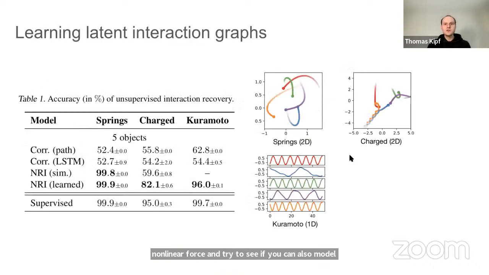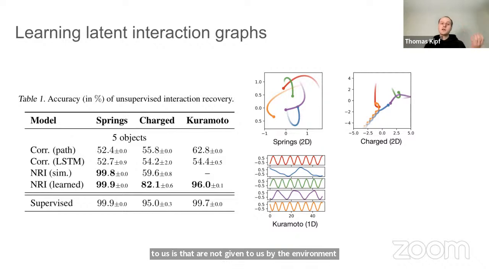And so it turns out, first of all, we can model these kinds of environments very well. Like the model can basically learn to imitate a physics simulator. But what you can see here in these high numbers and these bold numbers is the accuracy of how well we recover these latent interaction graphs that are not given to us by the environment, that are used to generate the data.